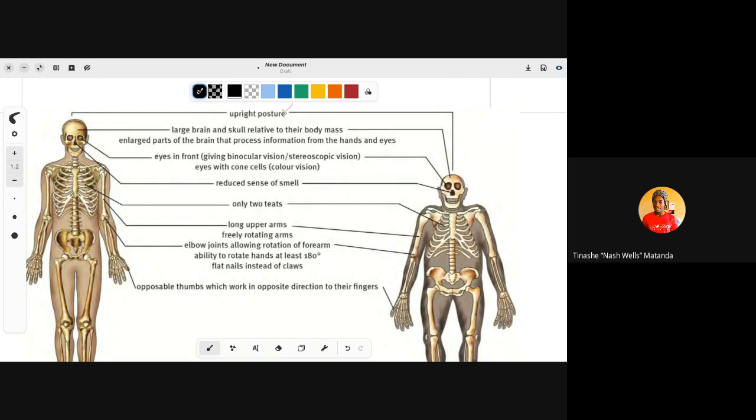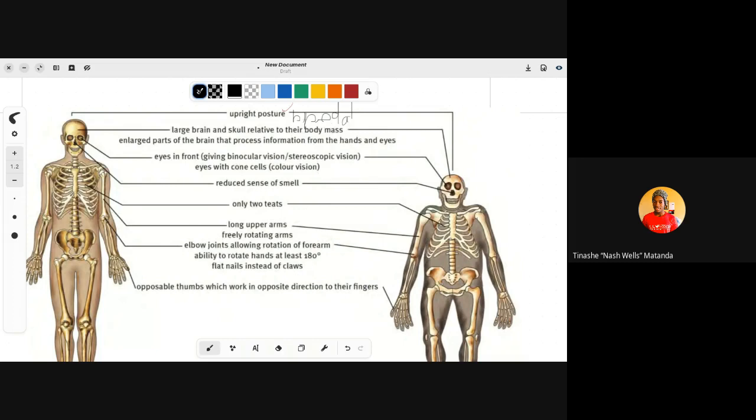This upright posture can also be referred to as bipedalism, meaning walking on two feet. You're probably asking, how do they know that that is the case? Well, they looked at the skull, and we'll actually look at the structure of the skull compared to the primates.